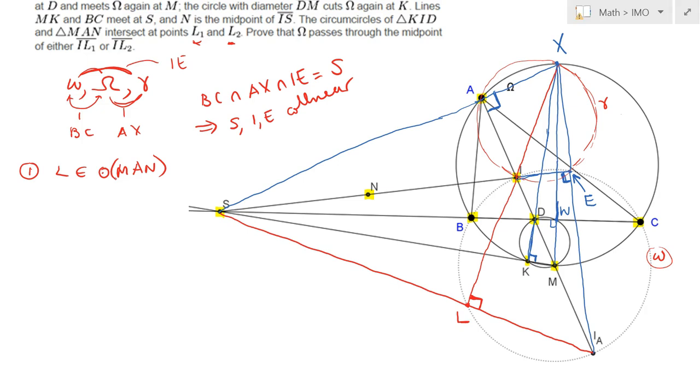So why would L be on the circumcircle of triangle MAN? For a very simple reason, from the fact that the circumcircle of MAN is in fact the 9-point circle of triangle XSIA. So I want you to sit back and think for a while why that's the case. Let me elaborate.